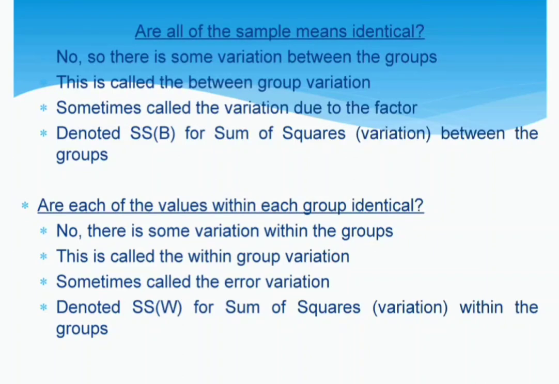This is called the between group variation, sometimes called the variation due to the factor, denoted by SSB, for sum of squares between groups. Are the values within each group identical? No, there is some variation within the groups. This is called the within group variation, sometimes called the error variation, denoted by SSW, for sum of squares within groups.